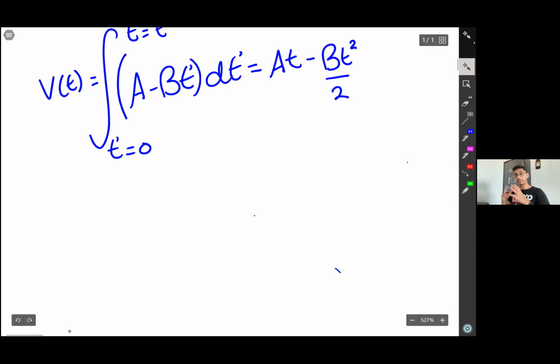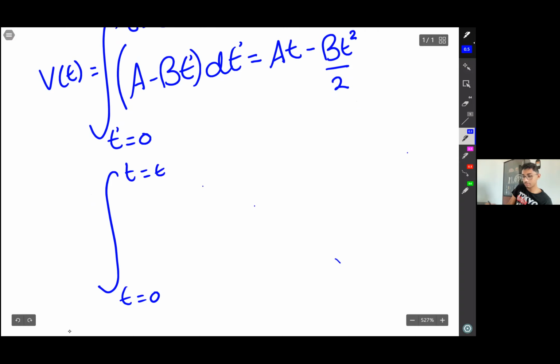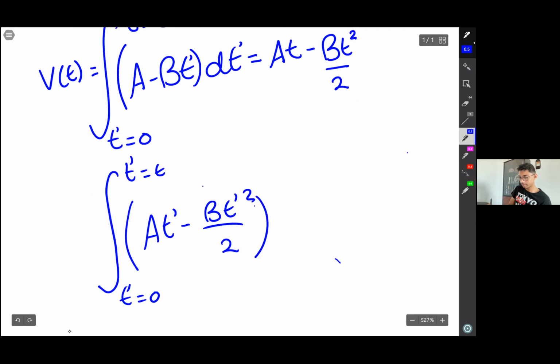Okay, let's integrate the velocity as a function of time to get our position as a function of time for the rocket. Let's take the integral from the same limits, t equal to 0 to t equal to t. Again, let's put a little dash on all the t's so we specify that t dash is not the same as t, of at dash minus bt dash squared over 2 dt dash. That will be our position of the rocket as a function of time.